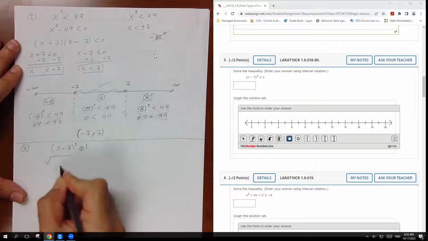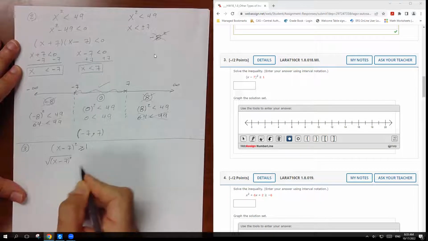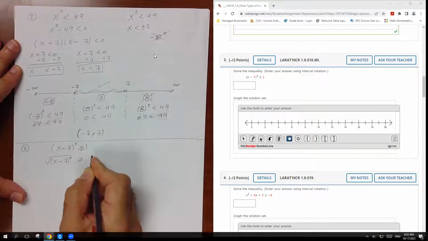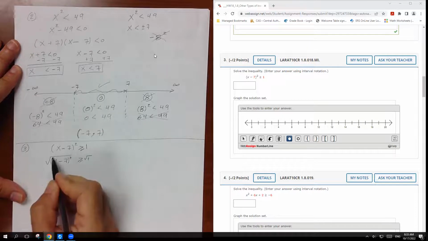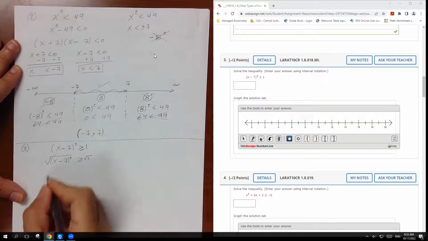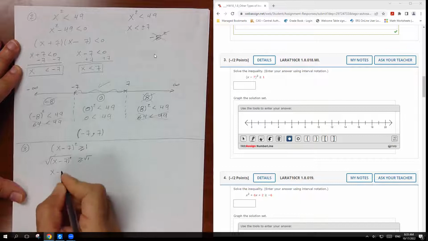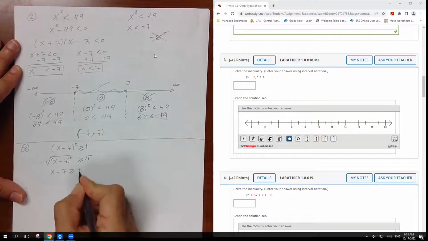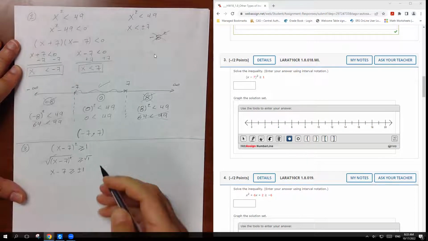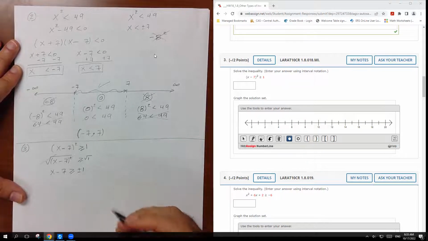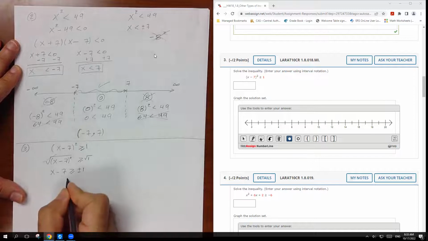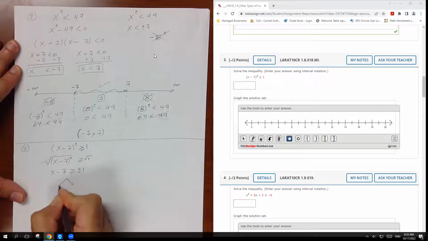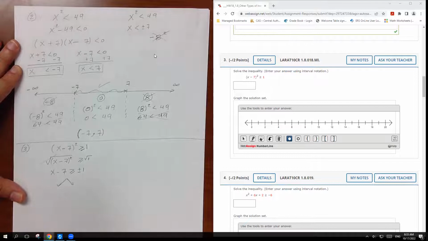So if you take the square root of x minus 7 squared less than or equal to the square root of 1, cancel the radical with the square, so it's going to be x minus 7 less than or equal to plus or minus 1. Remember, whenever you take the square root of any number, you have to put a plus or minus. That means we have 2 key answers or key numbers.